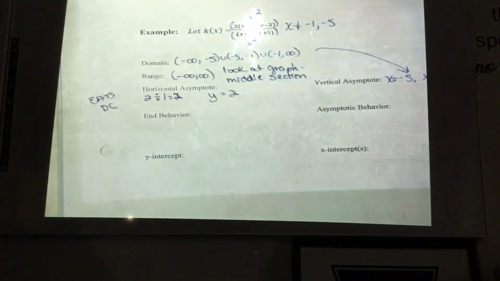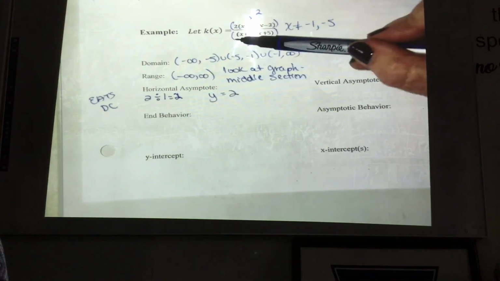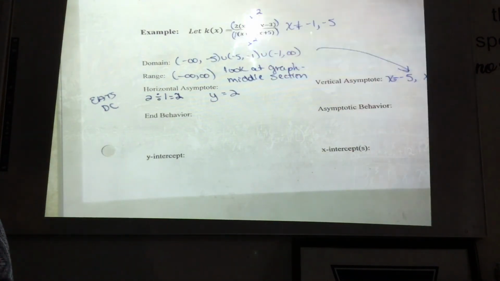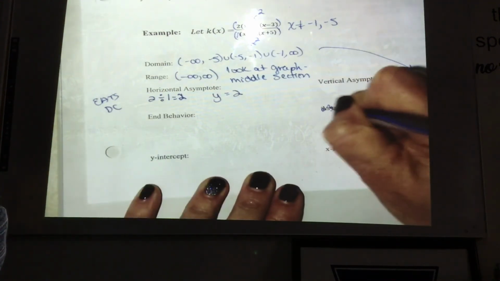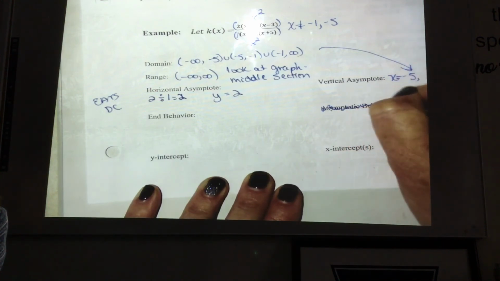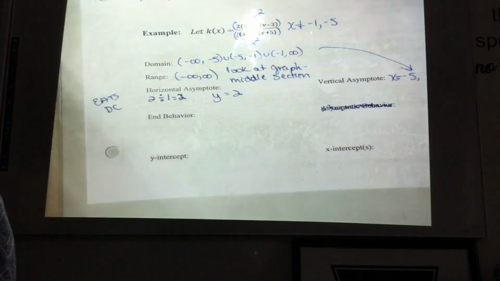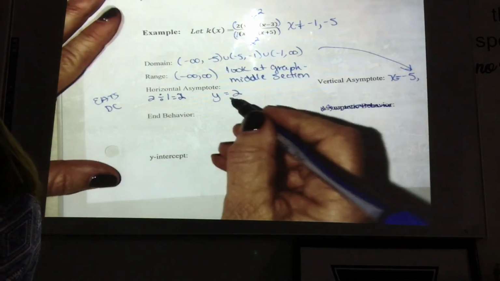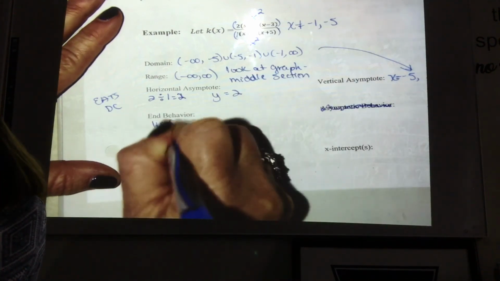So 2 divided by 1. Okay? Since I have a horizontal asymptote, I can easily fill in my end behavior.